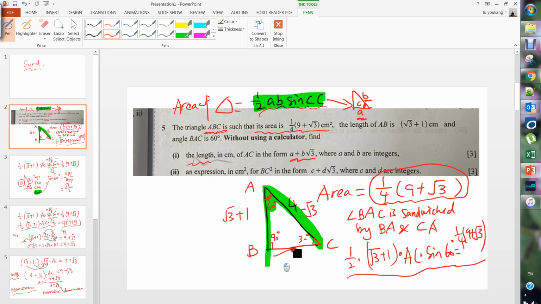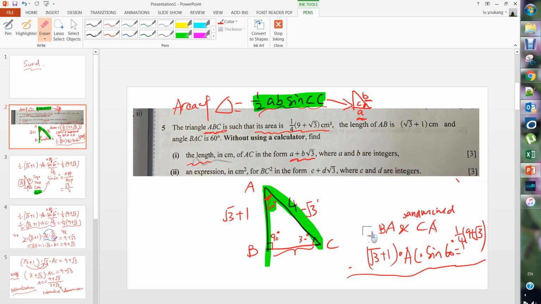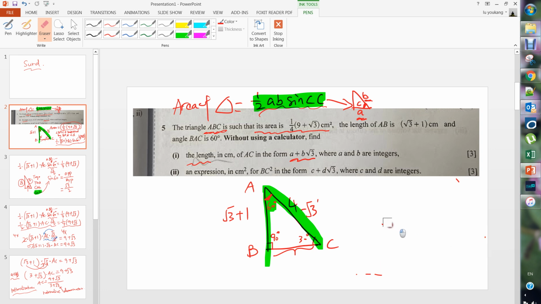So how do you find BC square? You need to use Pythagoras Theorem, right? Let me use Pythagoras Theorem here. Pythagoras Theorem says if you have a right angle triangle, you have A, B, C. A square plus B square is equal to C square.